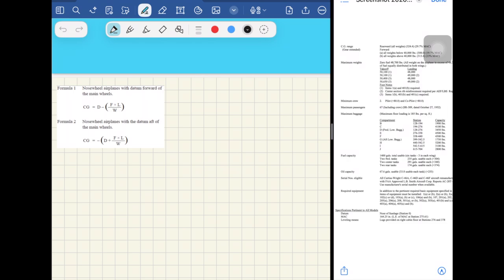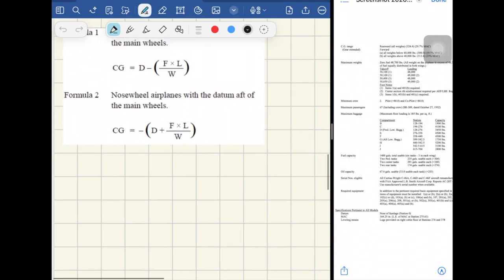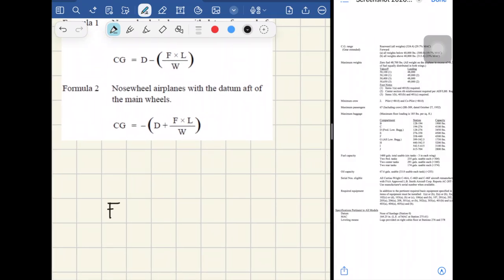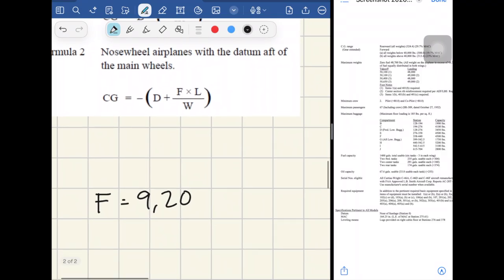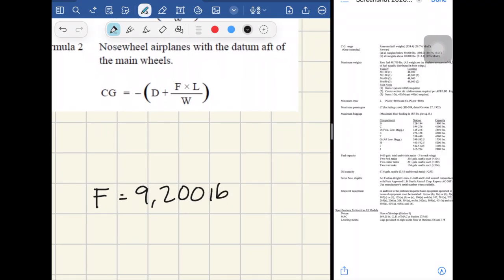Okay, so now let's start solving. In the word problem, it is indicated that the nose gear scale reading shows 9,200 pounds. So let's put that in. F is the weight at the nose wheel, so that's going to be 9,200 pounds. And then the combined main gear scale reading shows 26,800 pounds.